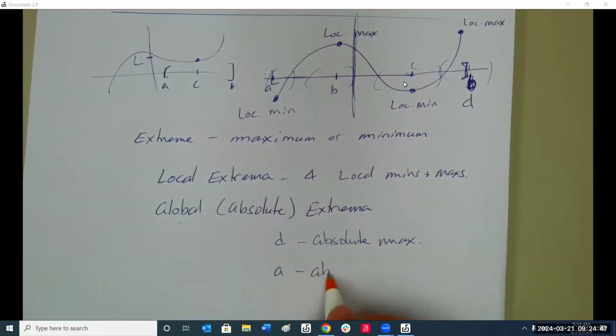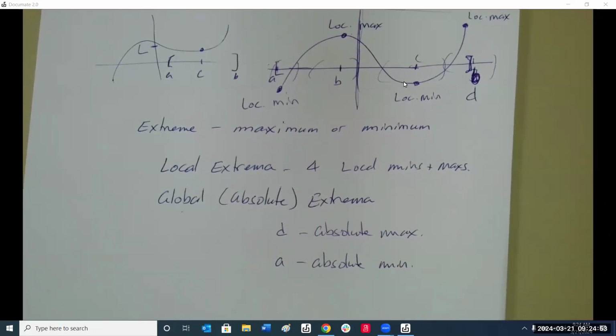A is our absolute minimum. Do we have to have an absolute maximum minima? Why not? No. I was going to say why not no matter what you said. Good point. A function can be a straight line. I didn't think about that. Wasn't where I was going, but you beat me there.